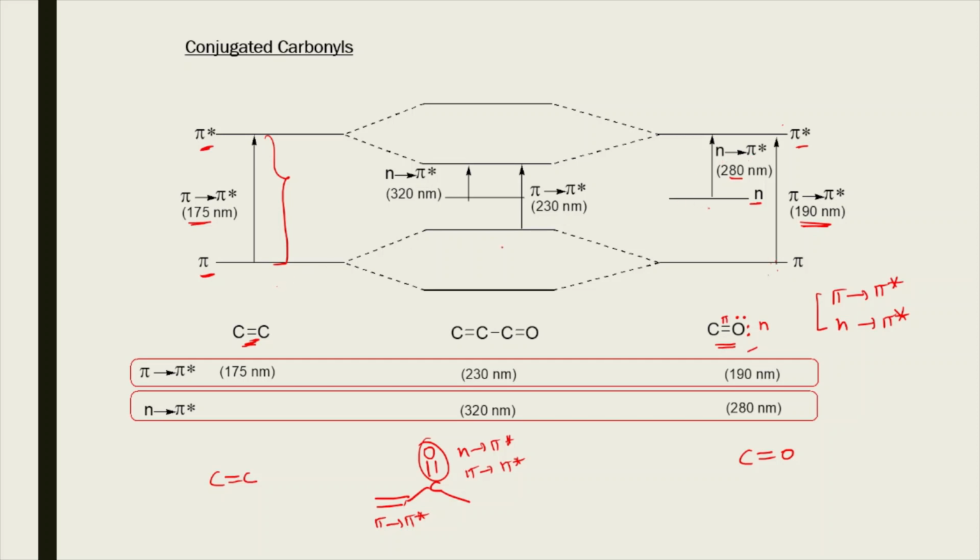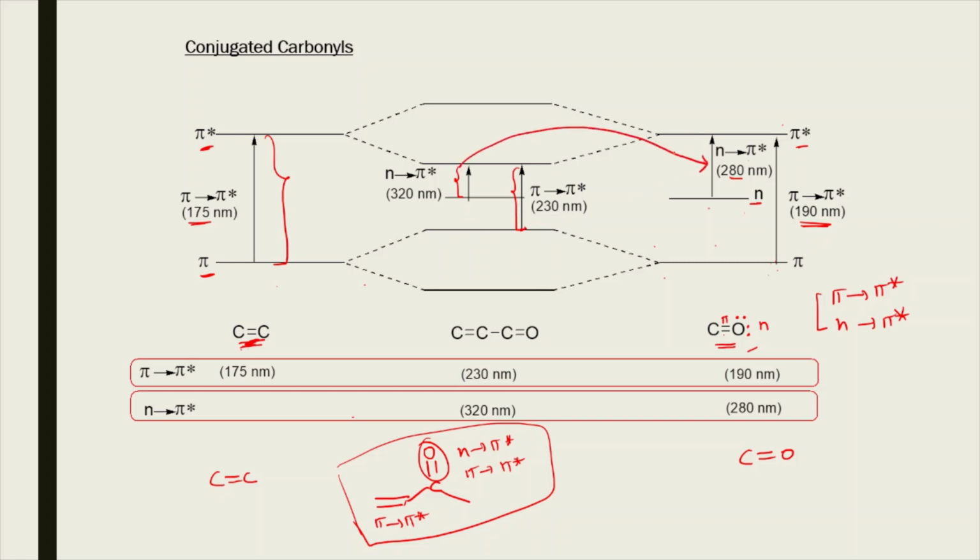When all these orbitals get combined, they generate new molecular orbitals. For pi to pi star, this much energy is required for excitation, and for n to pi star, this much energy is required as compared to pi to pi star.